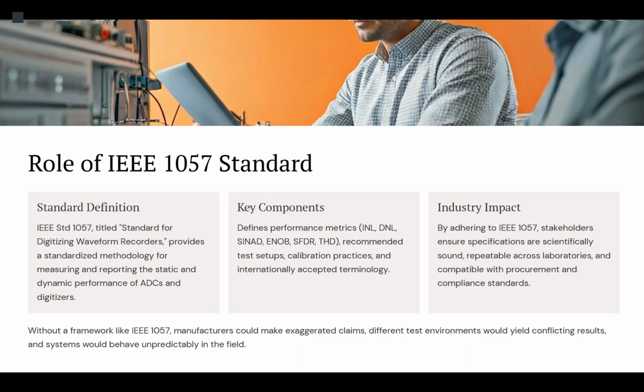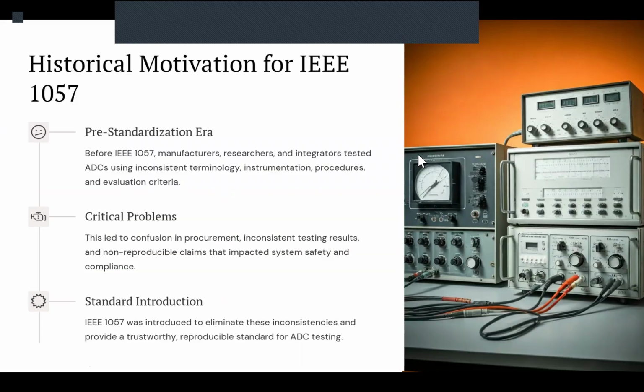So IEEE 1057 basically enforces engineering accountability, and links the measurement precision with universally accepted conditions and terminology. And all these together would guarantee that ADC testing is credible and reproducible, and we could trust the results that come out of these tests defined by IEEE 1057.